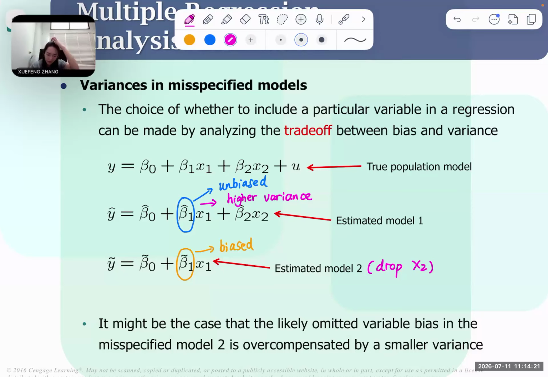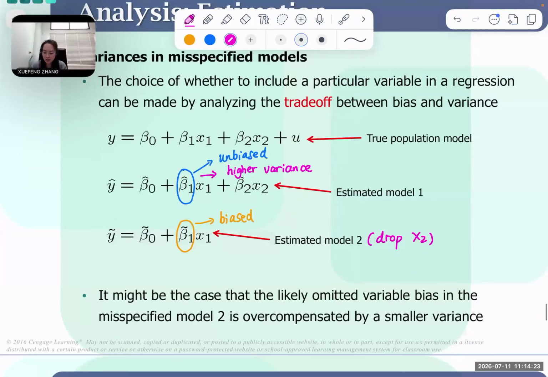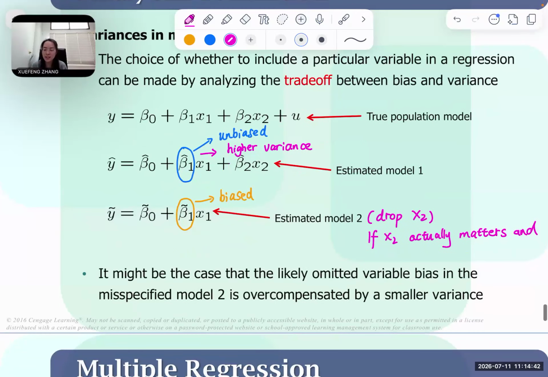But here, our assumption is that x2 actually matters and it's correlated with x1.